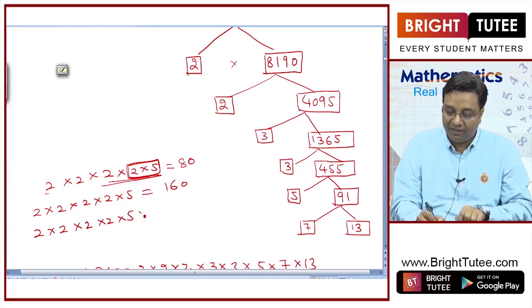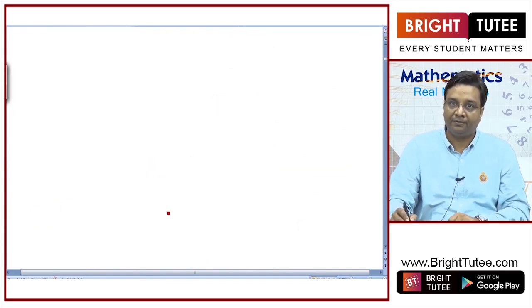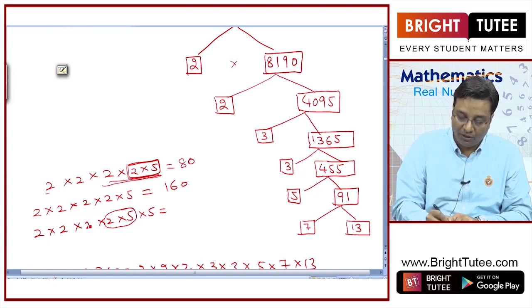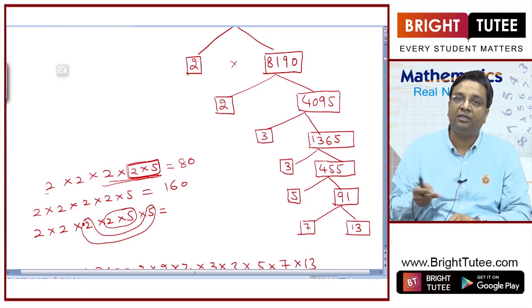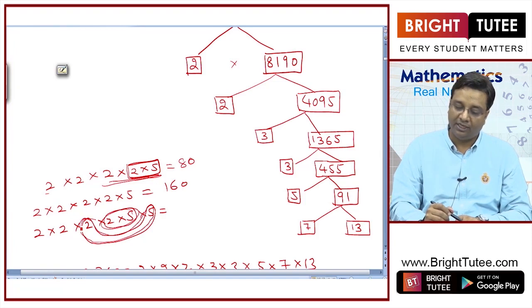If I multiply this number by 5, now how many zeros will be there? You see, we have got now two pairs of 2 and 5, right? So there will be 2 zeros in the end, produced by these two pairs. So this pair is producing 1 0 in the end. This pair is also producing 1 0 in the end, right?